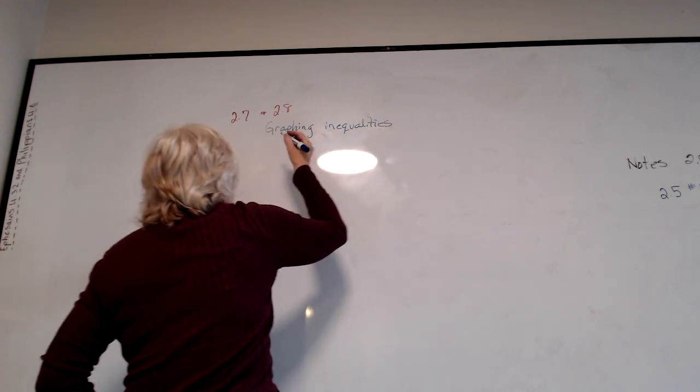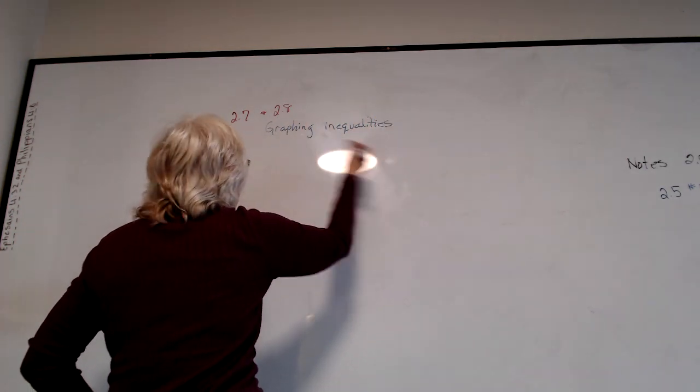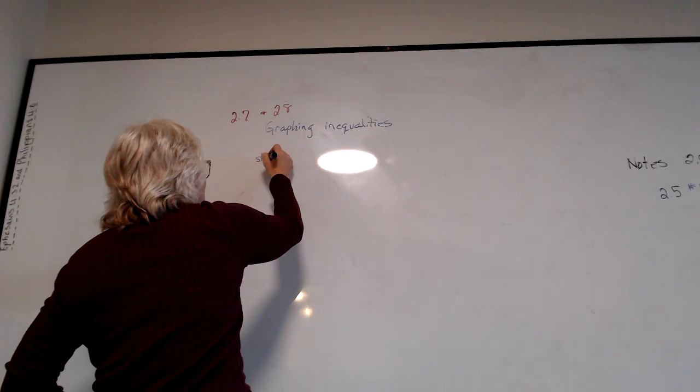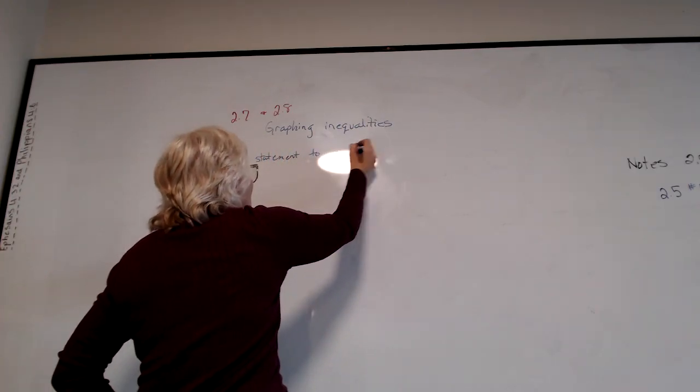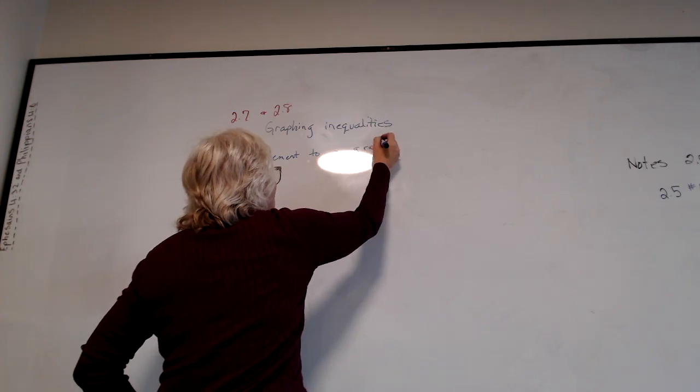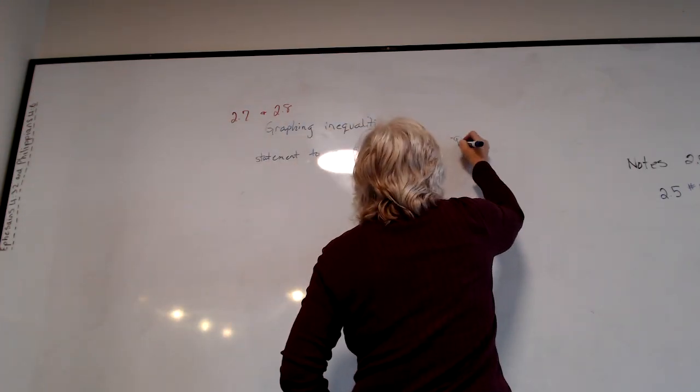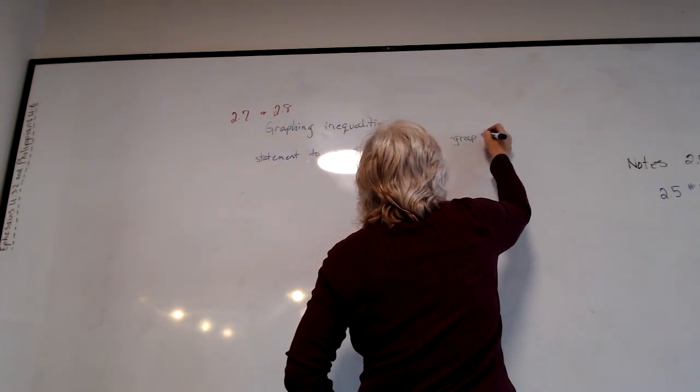We're going to have a statement and graph it. So we'll go from a statement to a graph. And then we're also going to do a graph to a statement.